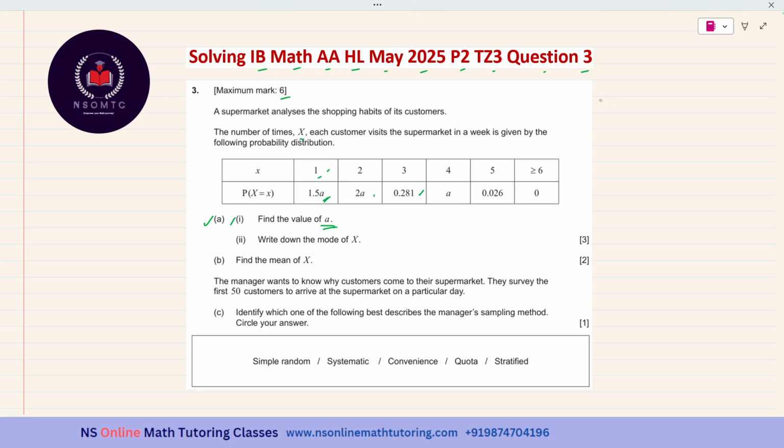So 1.5A plus 2A plus 0.281 plus A plus 0.026 is equal to 1.